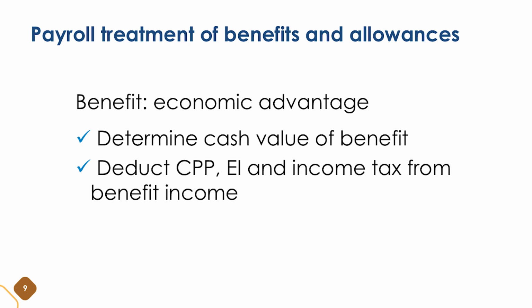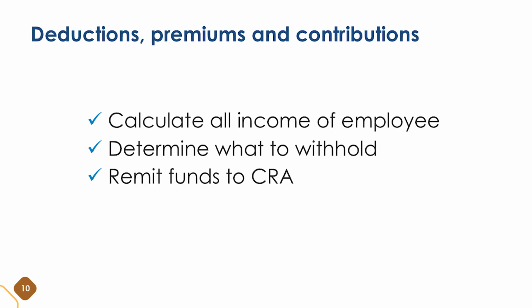CPP, CPP2, EI, and income tax will usually have to be deducted from these additional amounts. Payroll responsibilities begin the moment you remunerate. That is, as soon as you pay amounts or provide a benefit to an employee.